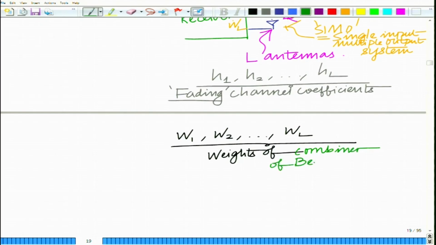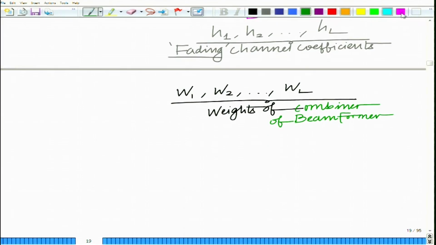Or you can also think of these as the beamformer, the weights of the combiner or also beamformer. And what we are performing is we weigh the received signals and add them.